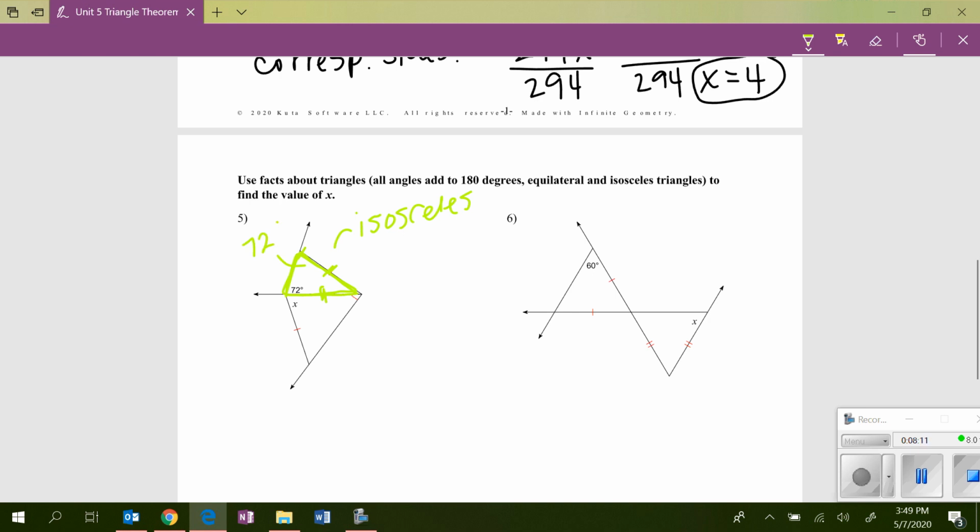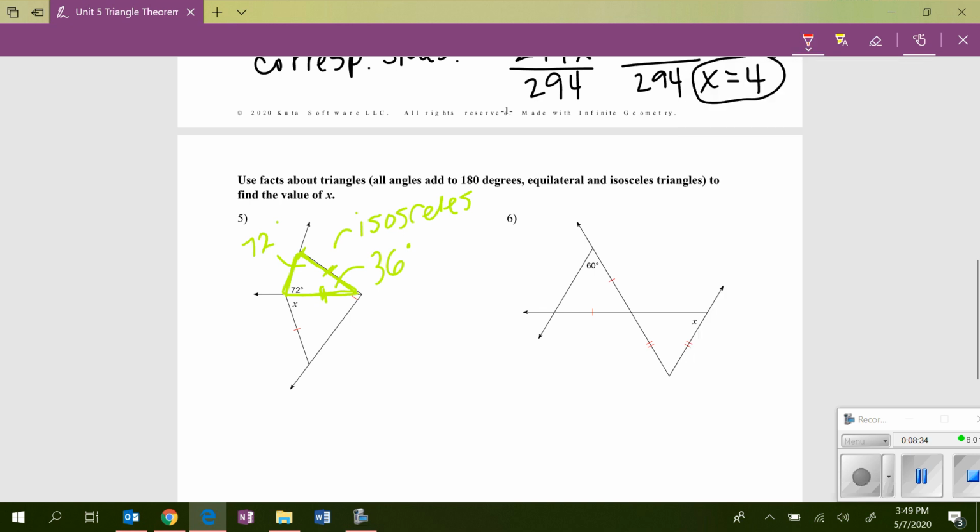Okay. Now I can solve for the rest of my triangle because my last angle will just be whatever's left over from 180. So I'm going to take 180 minus 72 and subtract 72 again to get the fact that this is 36 degrees. Okay.